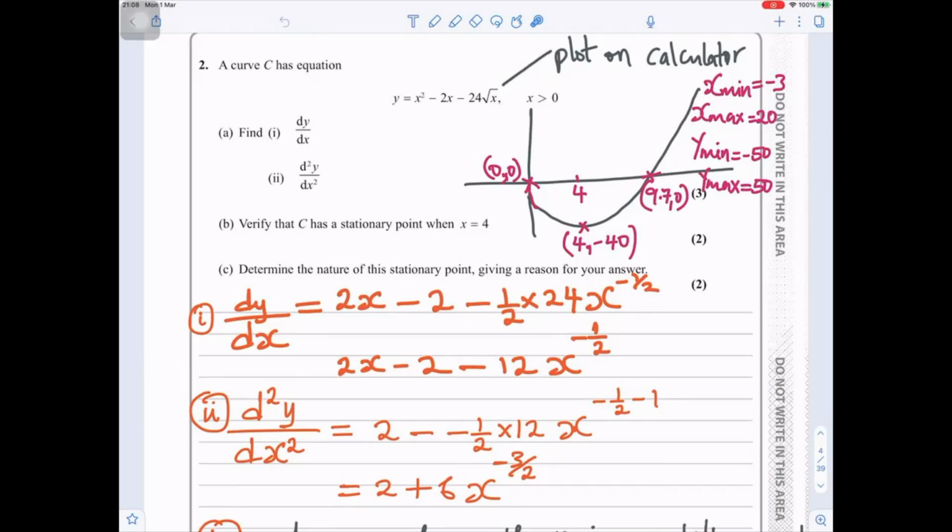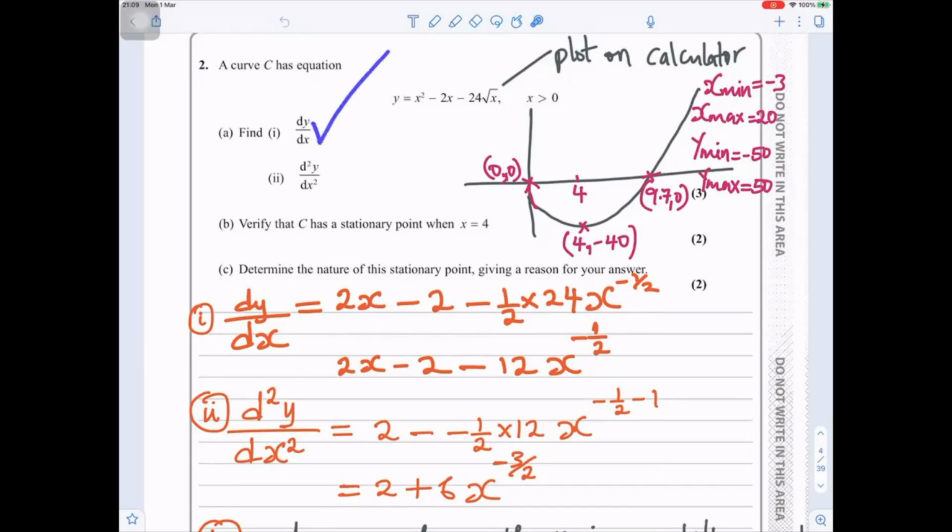When you differentiate minus 2x, you get minus 2. And when you differentiate x to the power half, you multiply by the half times 24 times x to the half minus 1, which will be minus a half. And half of 24 is 12. So you have 2x minus 2 minus 12x to the minus a half.